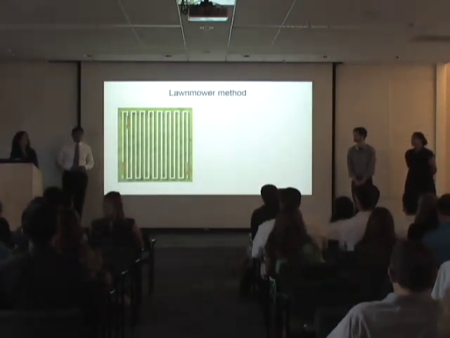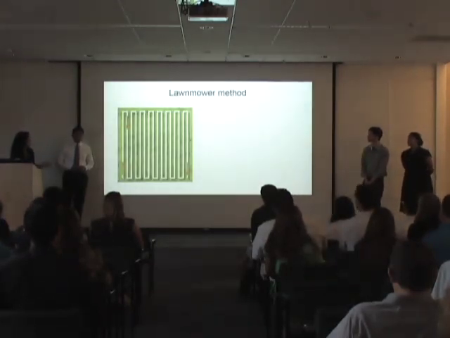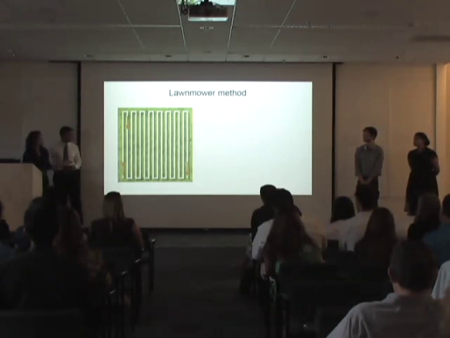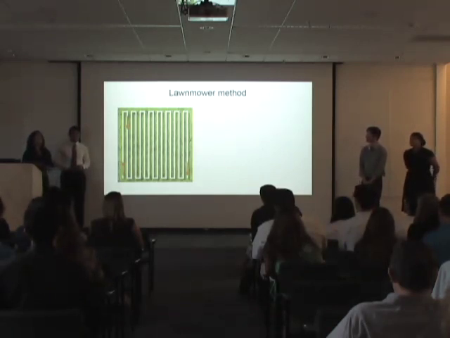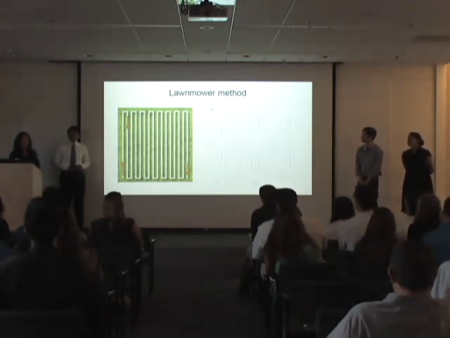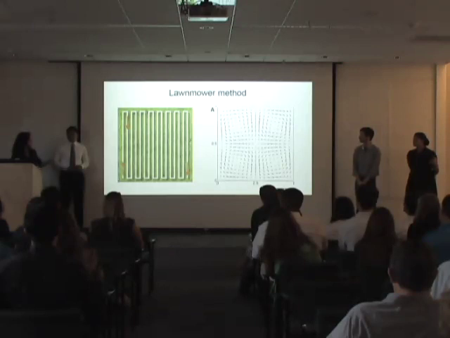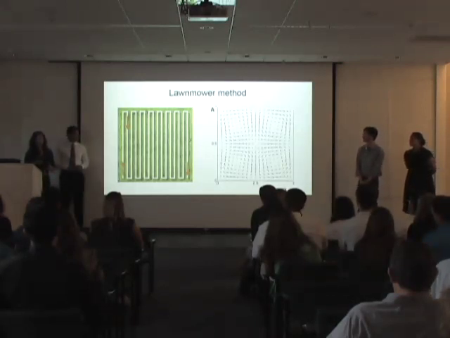One of the algorithms we studied was the Lawnmower Method. As you can see here, in any static motion, the Lawnmower Method goes along its way as you would be mowing the lawn. But for ocean-based disasters, we applied this simple fluid flow to all our lawnmower simulations.